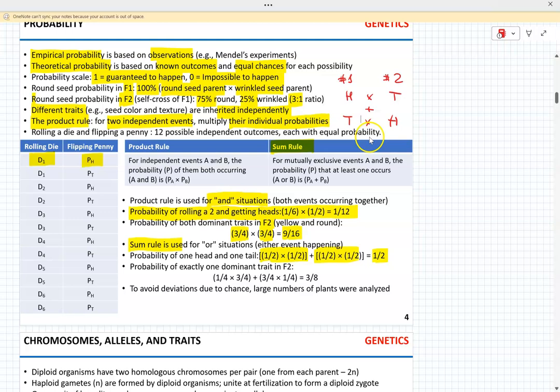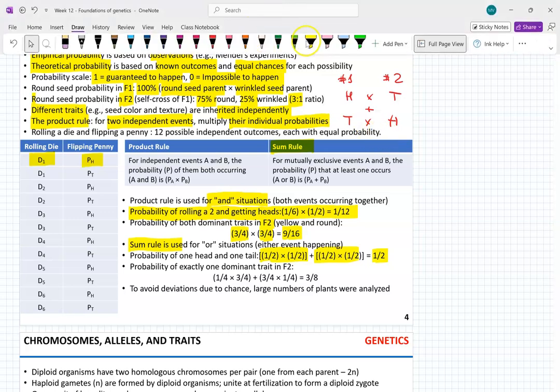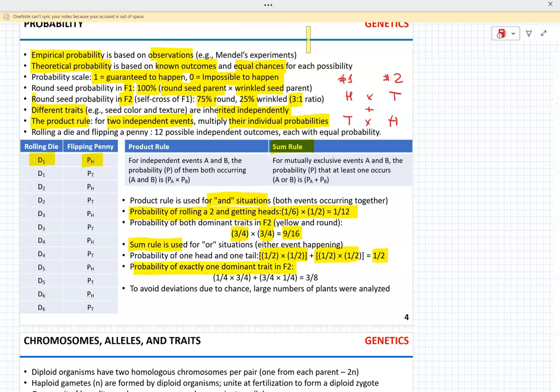So if we apply this to genetics, the probability of exactly one dominant trait in F2 is, whatever the trait is, 3/4 multiplied by 1/4, because that's the probability of having one dominant and one recessive, plus the opposite arrangement, 3/4 multiplied by 1/4.